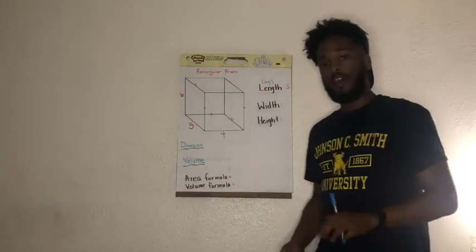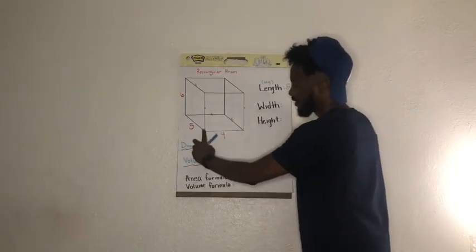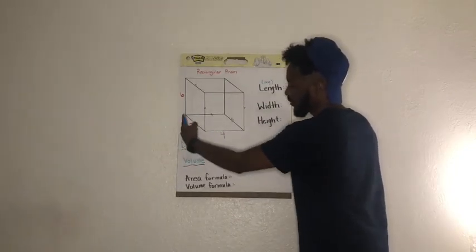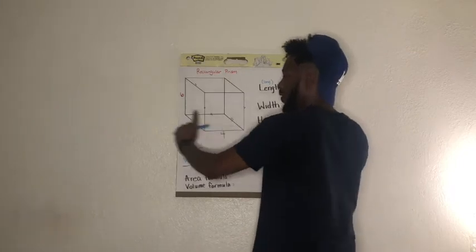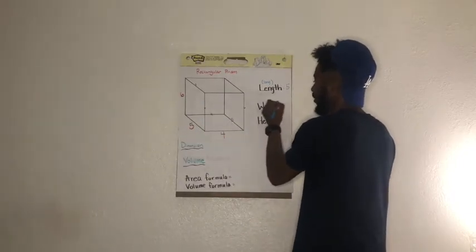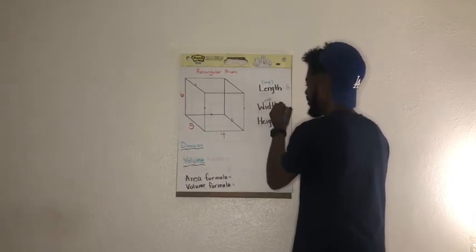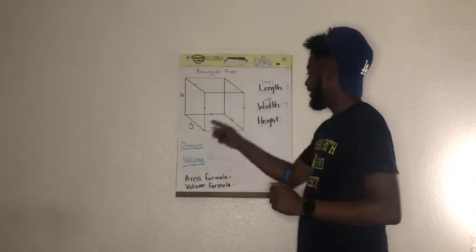The width of the flat surface, how wide, is going to be 4. We see this right here. So we have the length and the width, or how wide, is 4. And then the height.